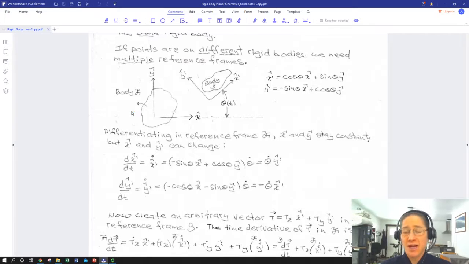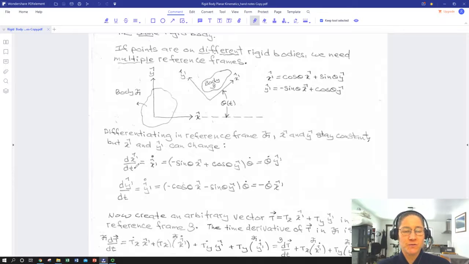Now we want to look at velocity. So take the first time derivative. We're going to start by taking the first time derivative of position in body B, and we're going to start with our x prime hat. So our x coordinate in the body B reference frame is x prime in the x prime hat direction.